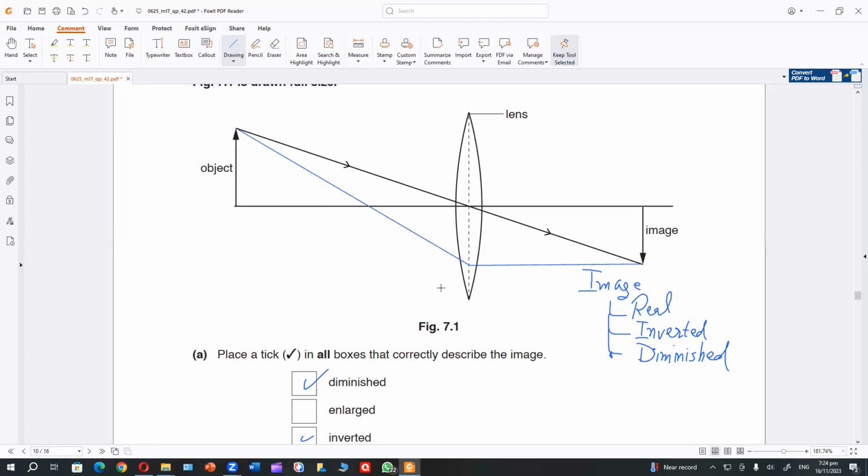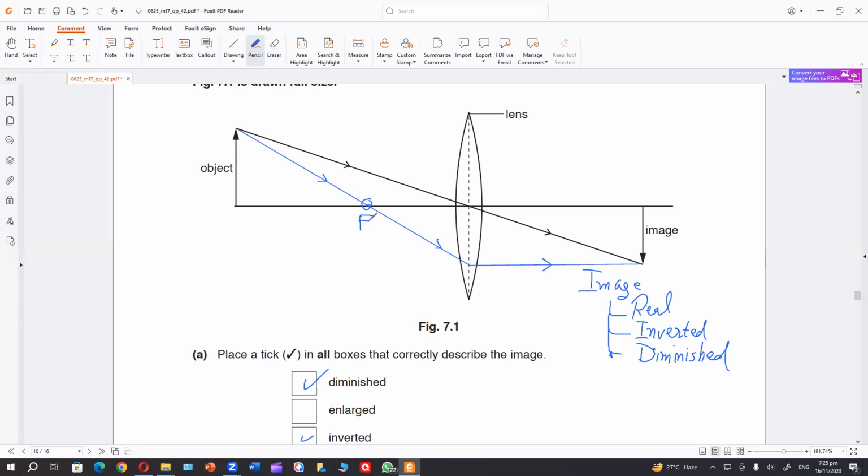Look at this. Now draw this ray with me. Let me know once you have drawn this.